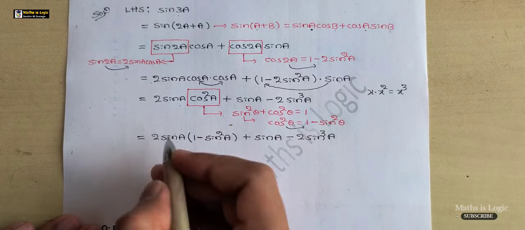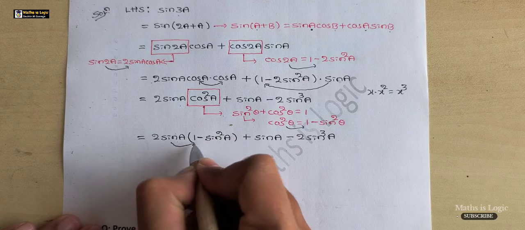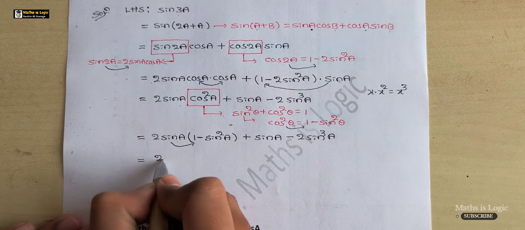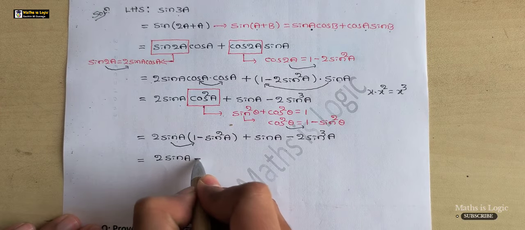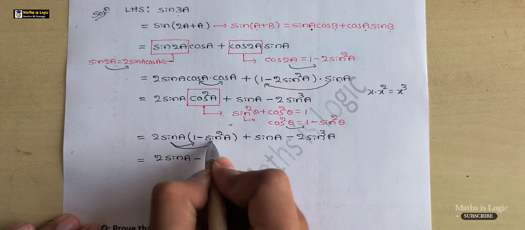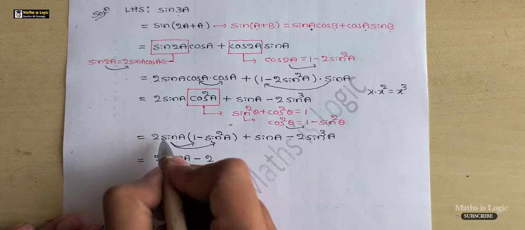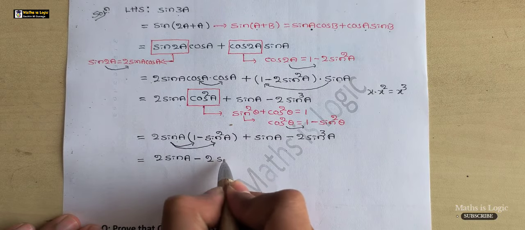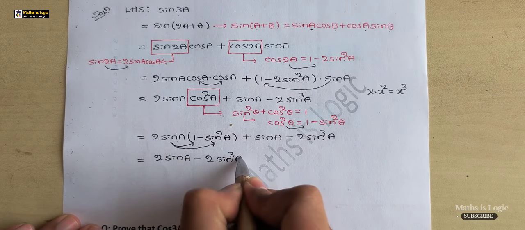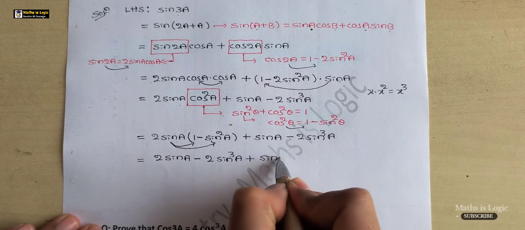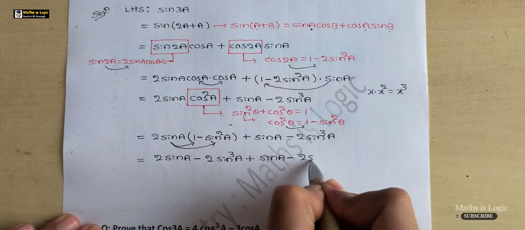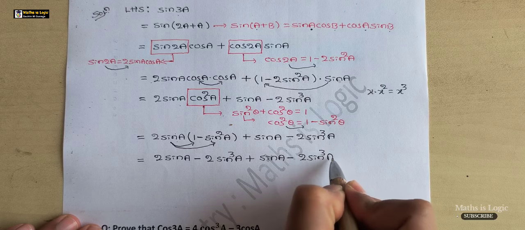Next, open the bracket. 2 sine A into 1 is 2 sine A, plus into minus is minus 2 sine A into sine square. 2 times sine into sine square becomes sine cube A, plus these two keep as they are, sine A minus 2 times sine cube A.